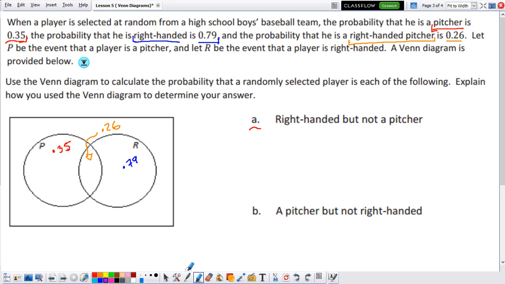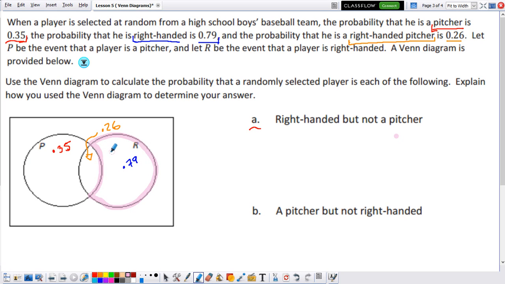So let's see. Now, in part A, we want to know the probability for it to be right-handed but not pitcher. So let's figure out which region we are talking about. Right-handed but not pitcher. In theory, we are concerned about this section, because this is the section where it's right-handed but not pitcher.